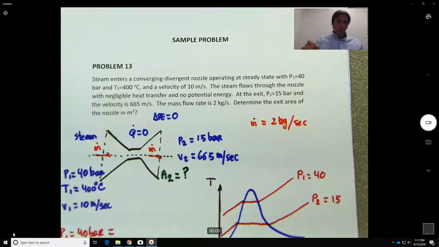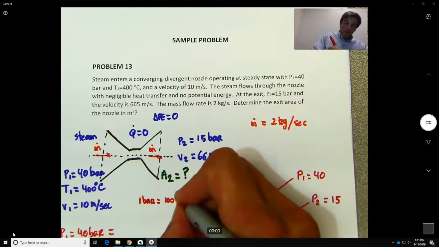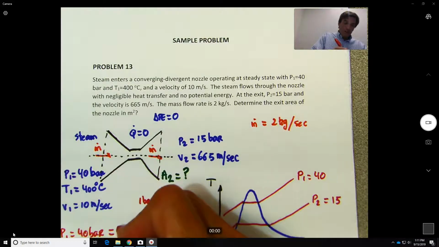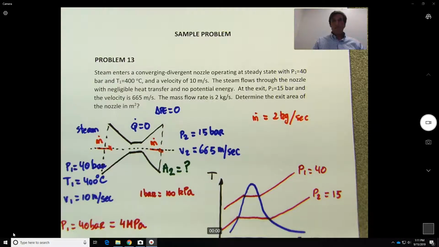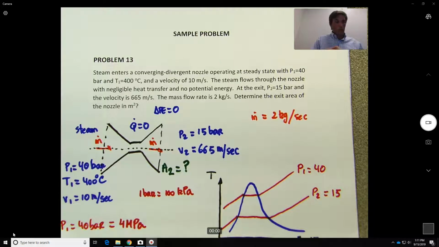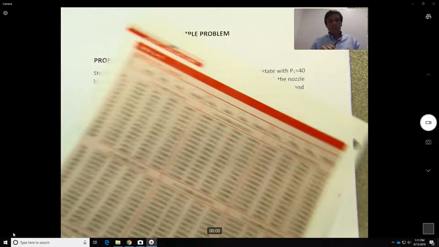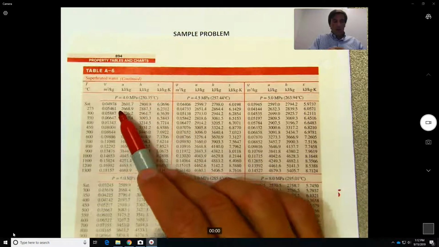So we know that 1 bar is 100 kilopascals, which means that 40 bars will be 4 megapascals. So we can go to the table for 4 megapascals. Here it goes up to 3.5 on this side. So this is table A6, 4, and let's see what happens at 400.